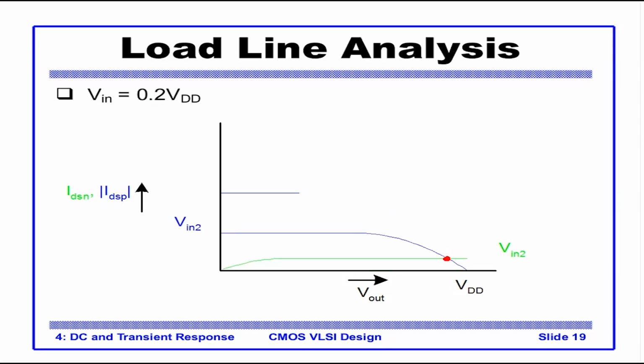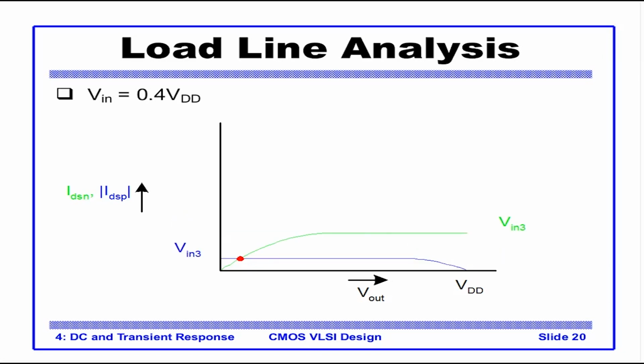What happens when V in is 0.4 VDD? Now the NMOS has started turning on. The PMOS is in some region, linear or saturation, and the two curves intersect here. So V out will now be slightly less than VDD. Now see, V in is increasing from 0 to VDD, and V out will start falling, which is the inverter functionality.